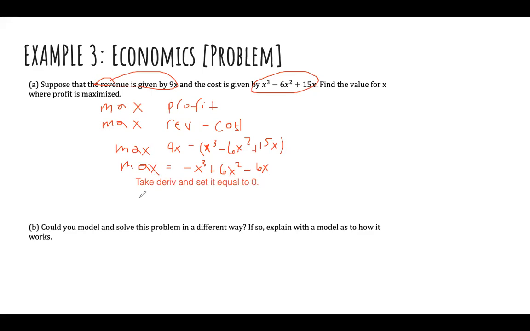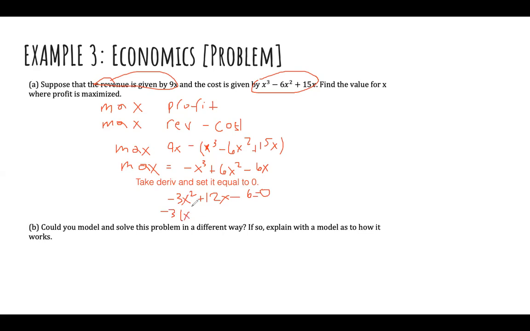When I do that, I'm going to say that I have negative 3x squared plus 12x minus 6 equals 0. I'm going to pull out a negative 3.